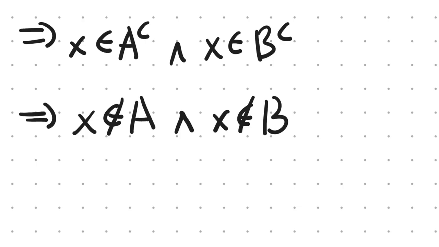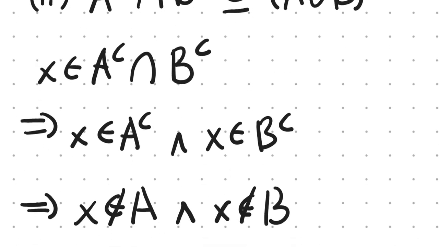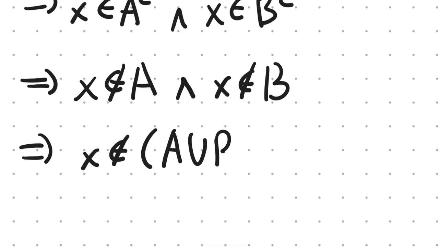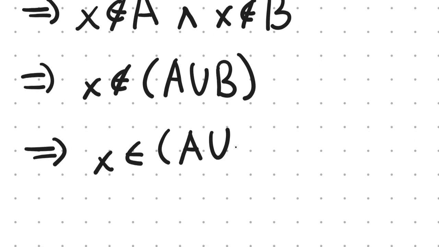Now, if X is not in A and not in B, then we have to think about it: if X is not in A and X is not in B, then X is obviously not in A or B. So if we take the complement, we can imply that X is an element of (A union B) complement.